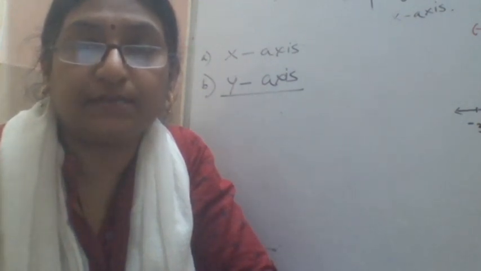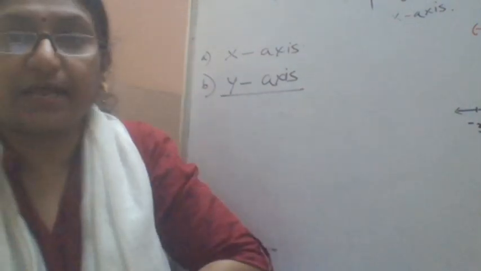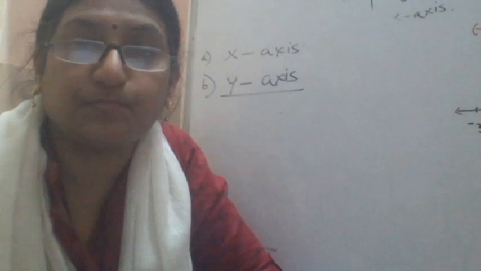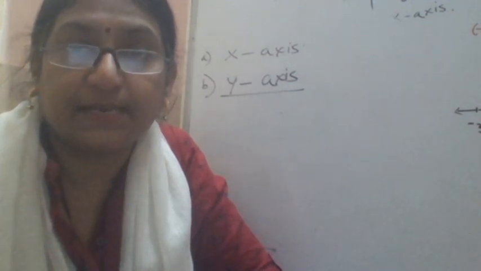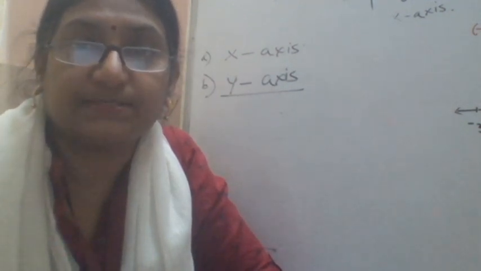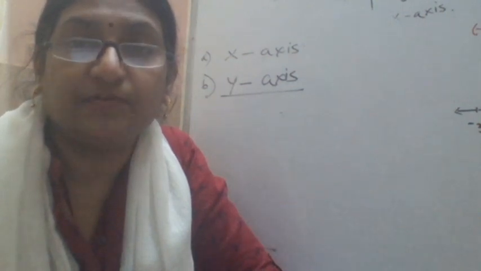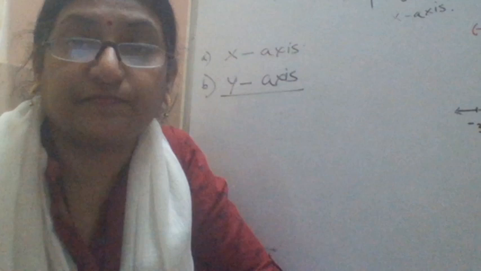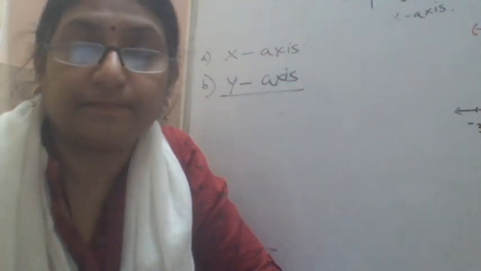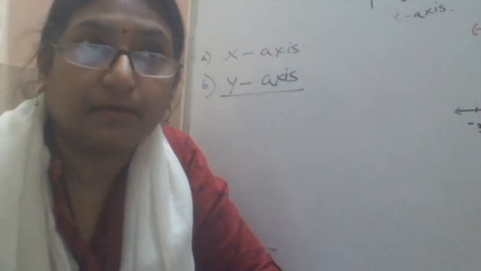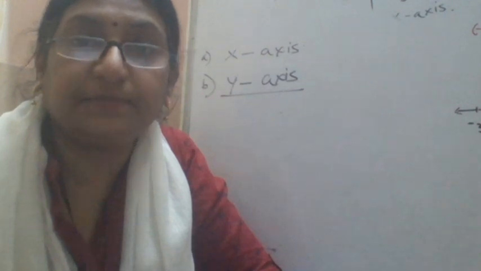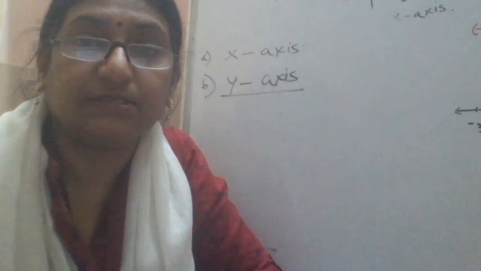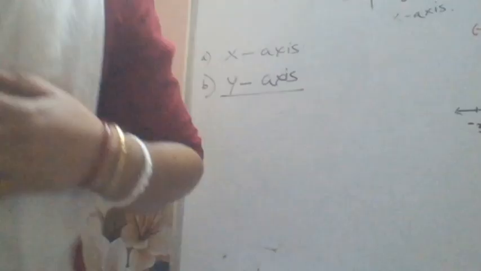You are going to tell me, I am looking into the live chat, give me the reflection of this point about the x-axis and its reflection about the y-axis. The point is in the first quadrant, it is (2, 3).